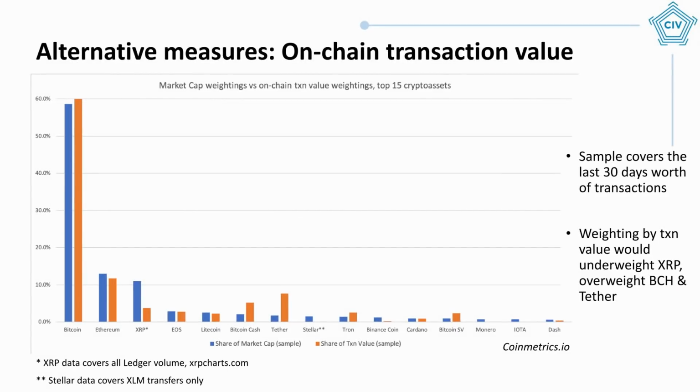And one interesting feature is if you do this, Ripple actually punches above its weight on a market cap basis, but it has a comparatively lower level of transaction value that actually settles on the Ripple ledger. And so if you were to reconstitute an index according to transaction value on chain, you would have totally different weightings. Although actually for Bitcoin and Ethereum, they look much the same.